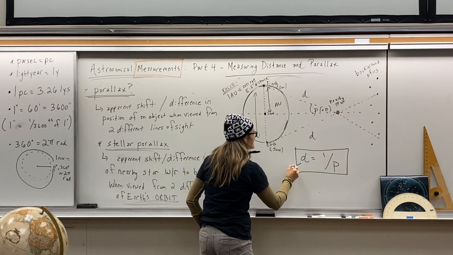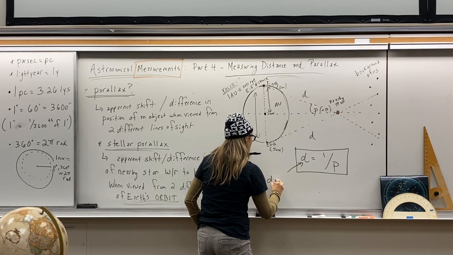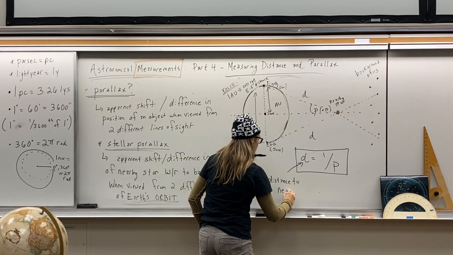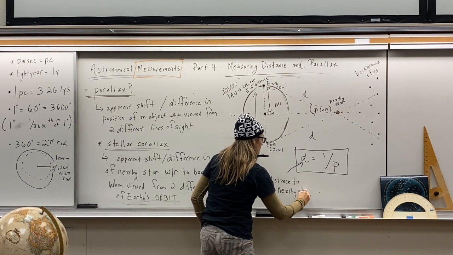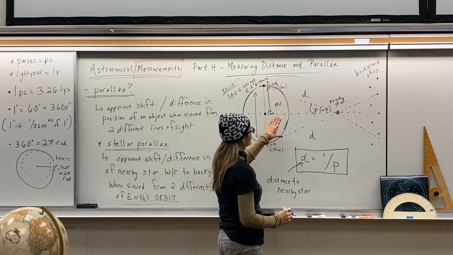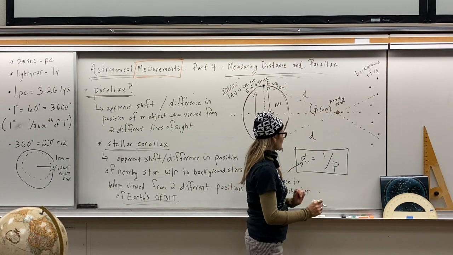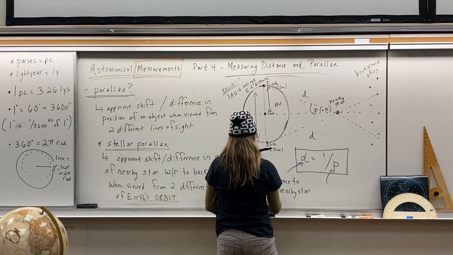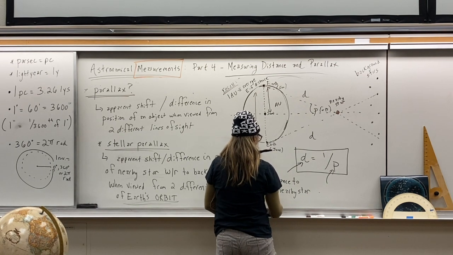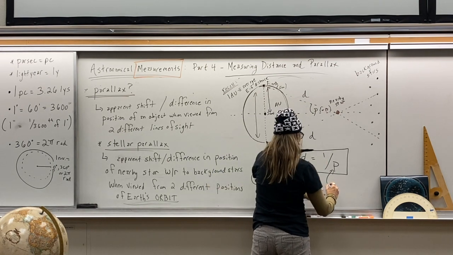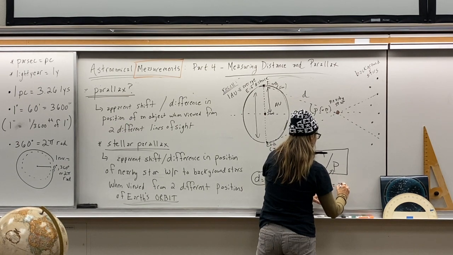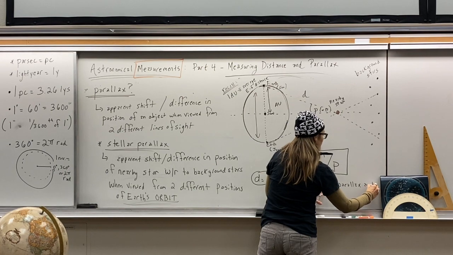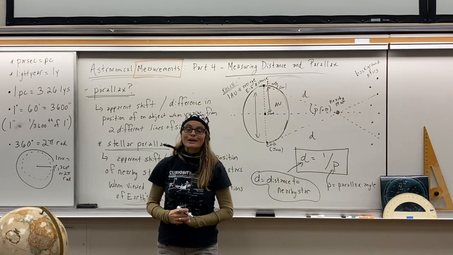So this is the distance to our nearby star based on this angular measure that we get, P, and P is equal to our parallax angle, and it's measured in arc seconds.